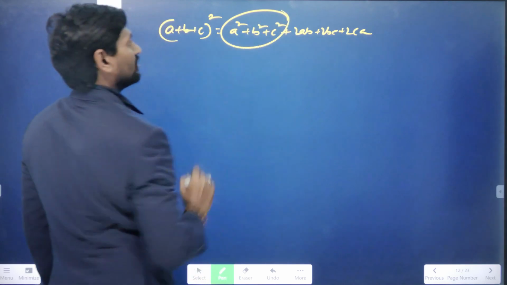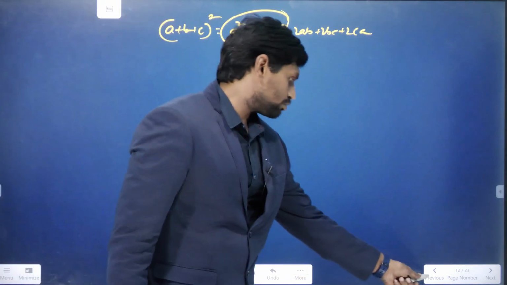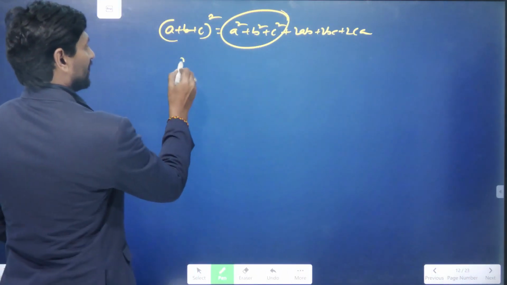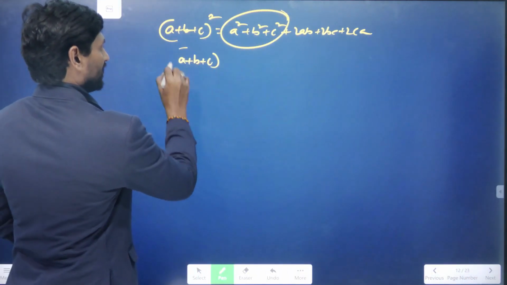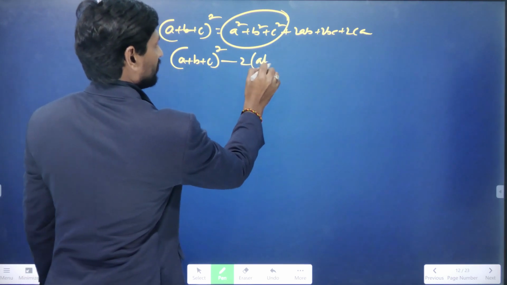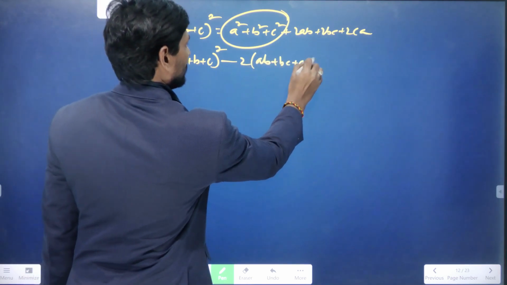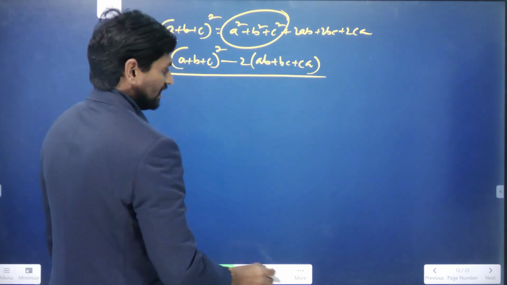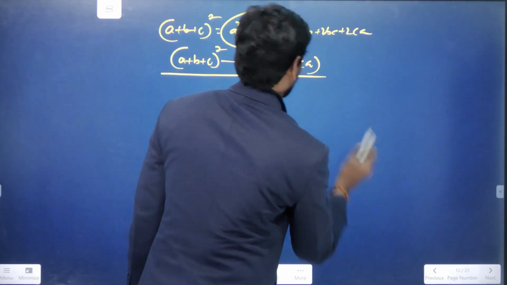But we need the value of a square plus b square plus c square as the numerator. So I can write a plus b plus c whole square minus 2 times ab plus bc plus ca, that is equal to a square plus b square plus c square, divided by 2abc.